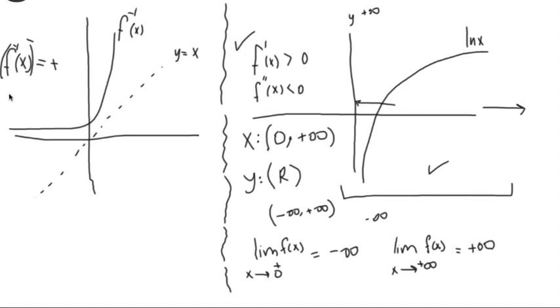So it means that the second derivative test of the inverse function is positive too, because the graph is increasing and the second derivative is positive. So when the second derivative is positive, it concaves upward. This is for the graph.